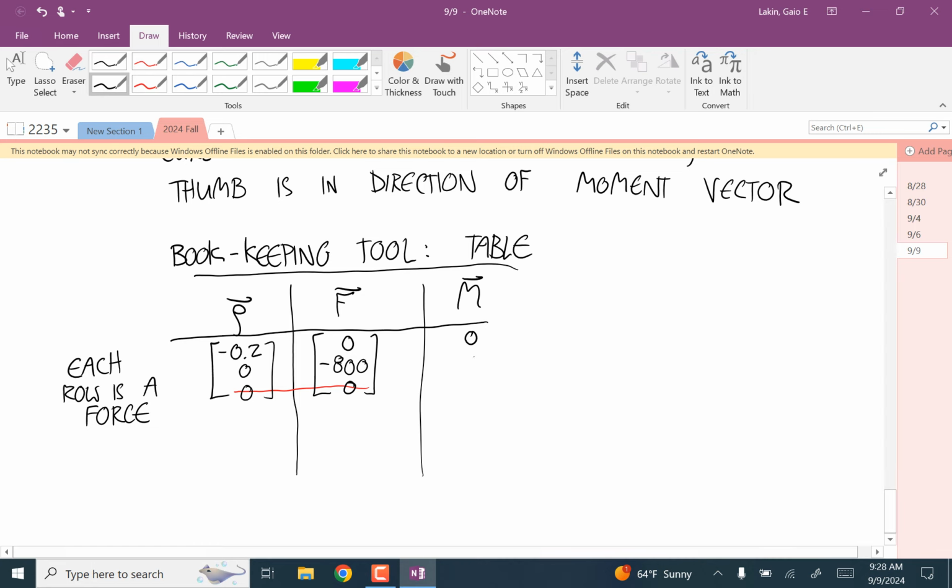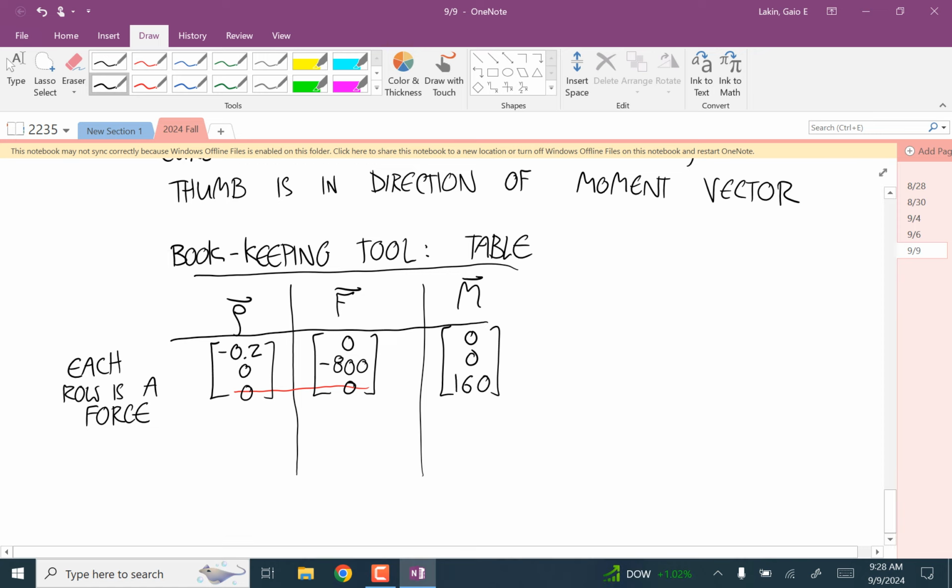And so the moment is 0, 0, positive 160. In 2D, eventually, just to save time, since we know it's only going to be a z component for the moment, we'll just write out the x and y components of the rho and F vectors, and then report this as a z component only. But it is useful to remember that the moment is always a vector.